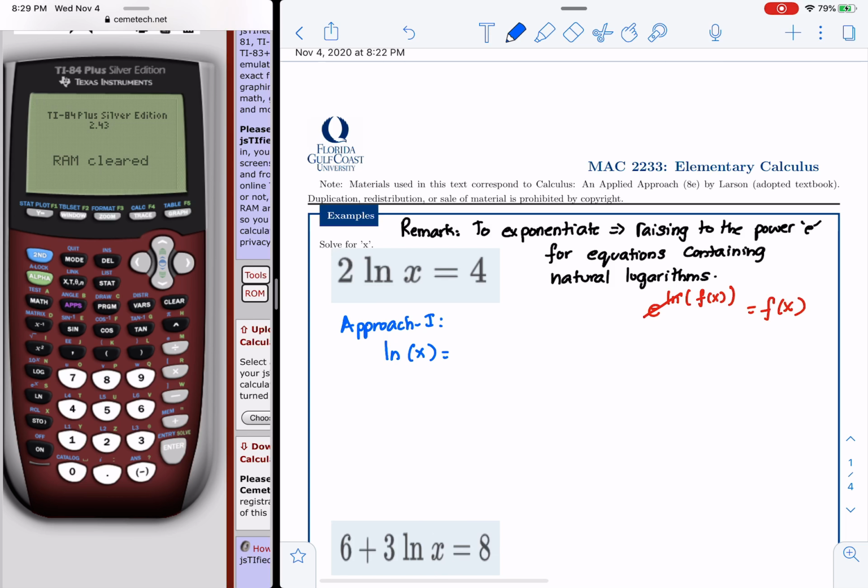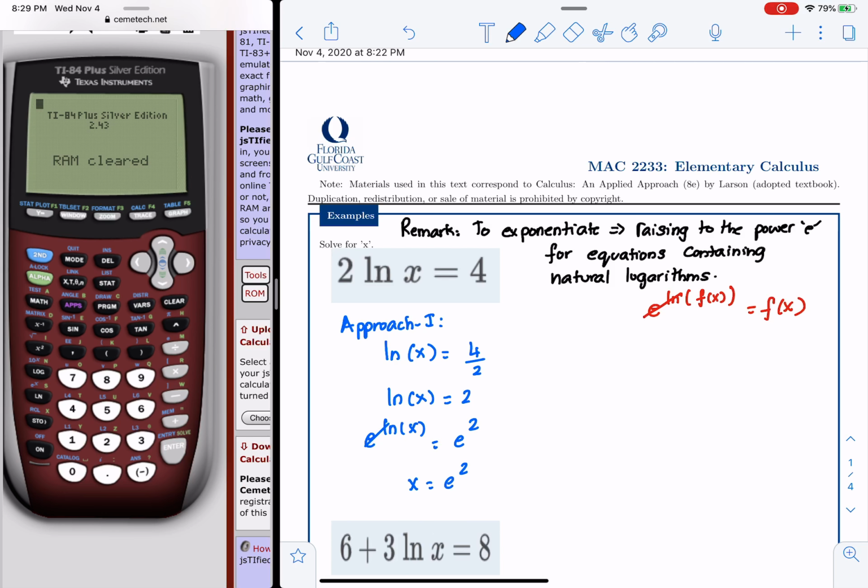So we have ln of x equals 4 over 2, which would mean ln of x is equal to 2. Exponentiate on both sides. e raised to ln of x would be equal to e raised to 2. The natural logarithm and e would go away, and we have x is equal to e squared.